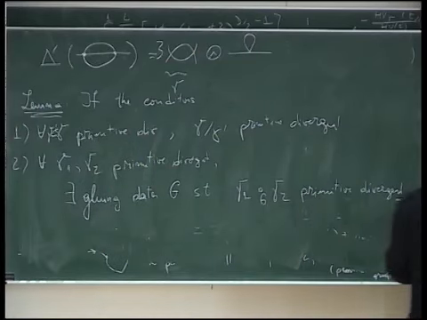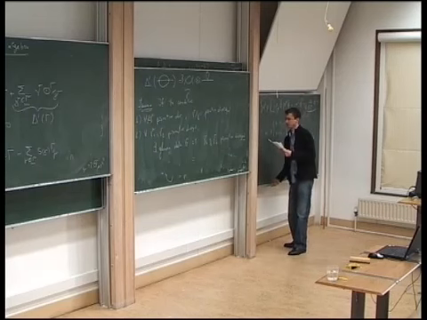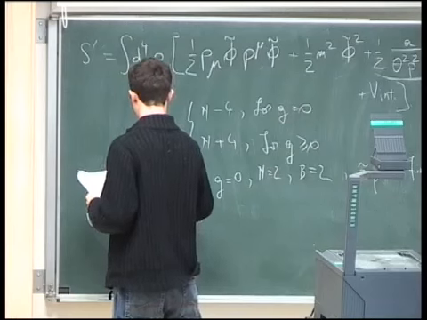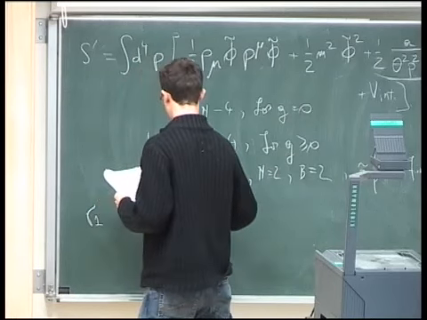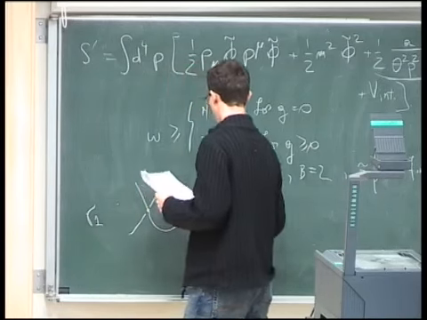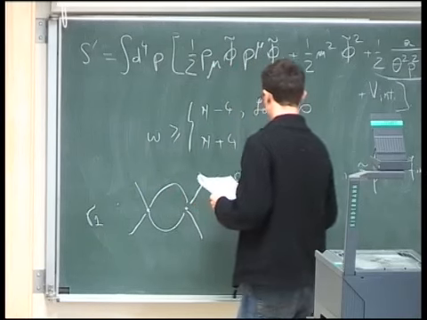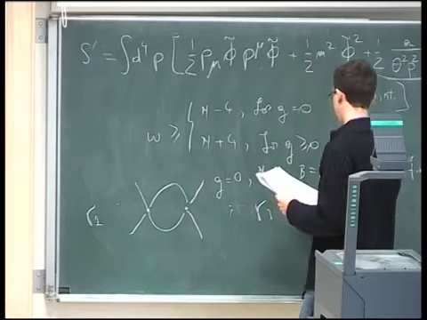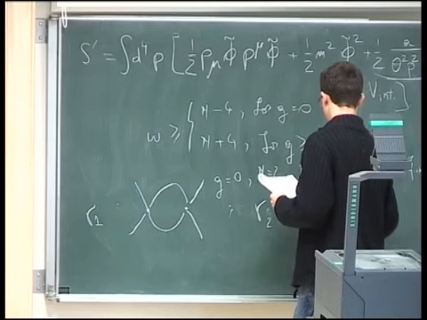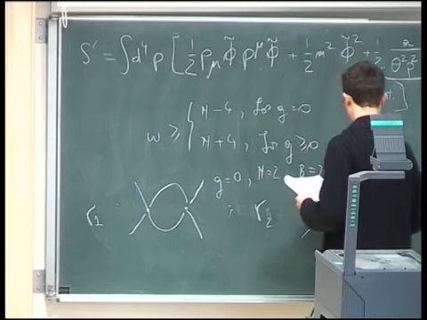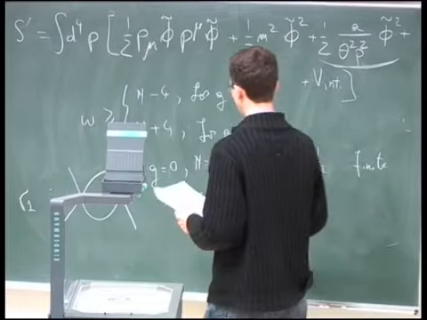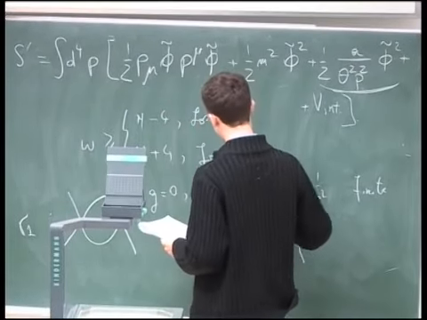So what do I mean by this gluing process? For example, if I have a graph gamma 1 like this, and another graph gamma 2 which looks like this, I can glue this graph gamma 2 inside.